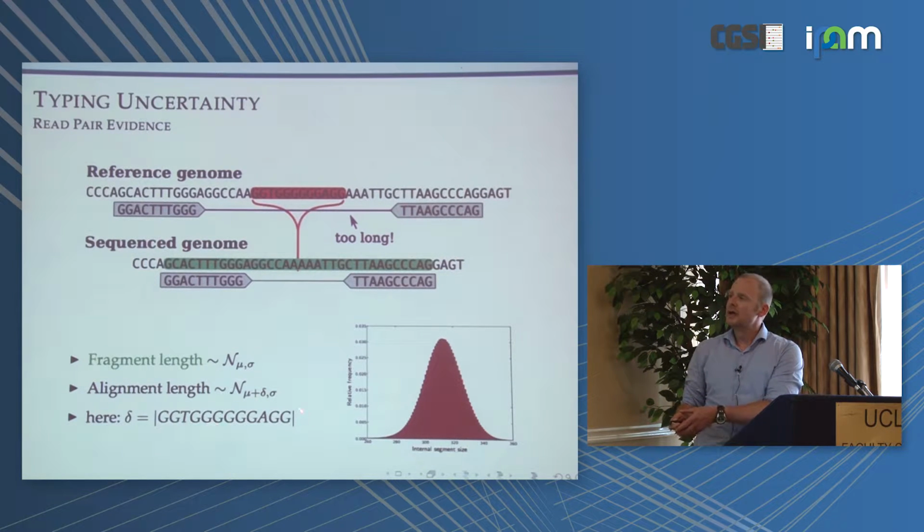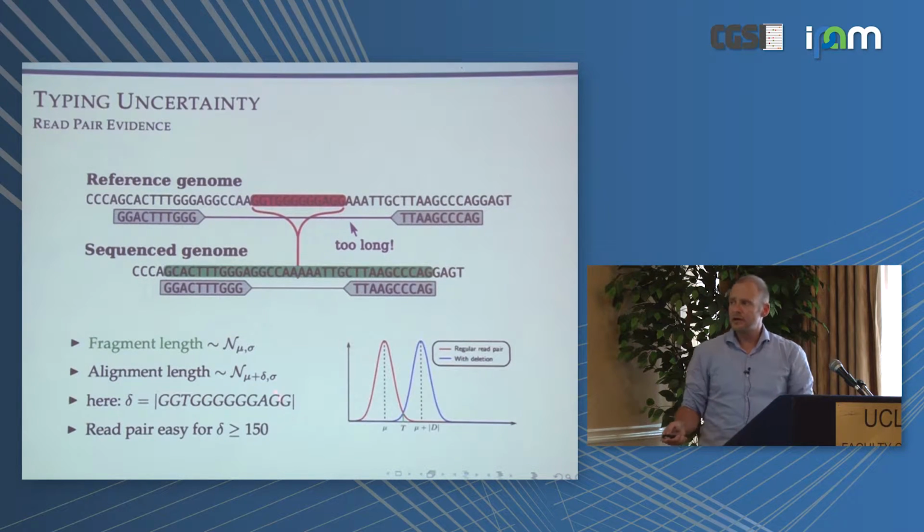And then what you can do is take the alignment length, and someone says that there is maybe a lesion of length 12 here, and then you figure out where on the x-axis your alignment length is, so assume it's maybe here. The blue distribution is the one for the assumption that there is something. The red distribution is the one for the assumption that this is just a regular region, with no deletion of length 12.